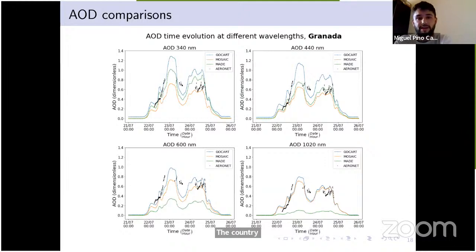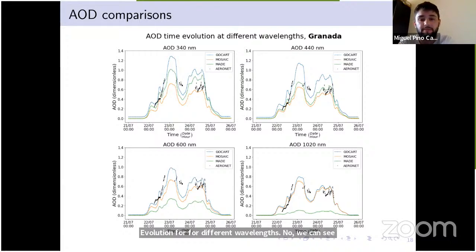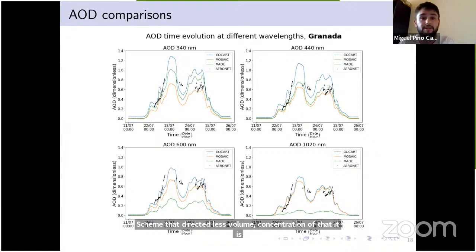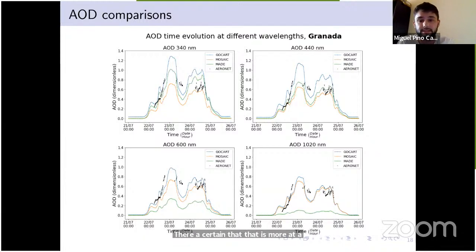In this figure, we can see the aerosol optical depth time evolution for 4 different wavelengths at Granada. Now, we can see that even though GOCART was the aerosol scheme that predicted the least volume concentration of dust, it is the aerosol scheme that predicts the most aerosol optical depth in the 4 cases.